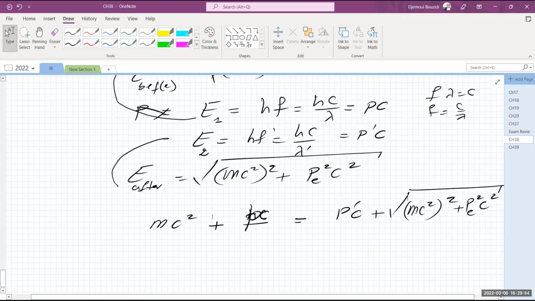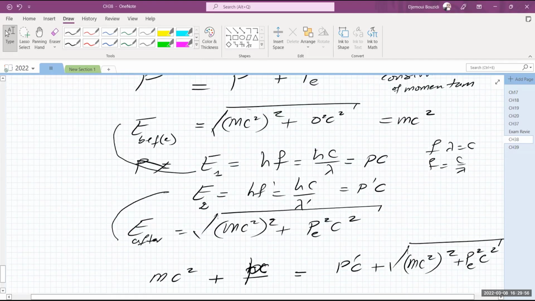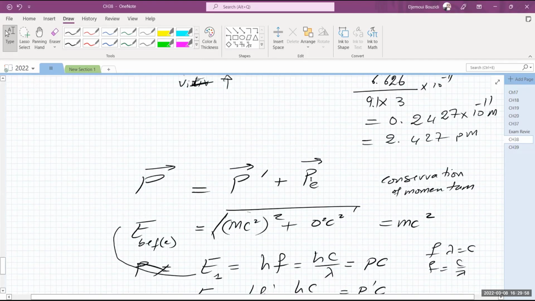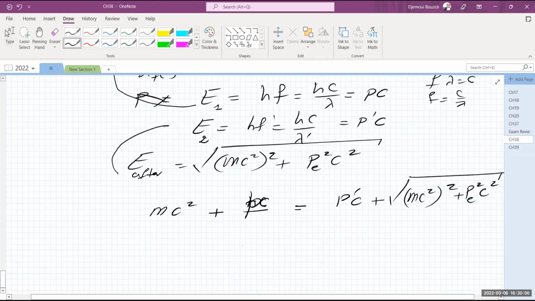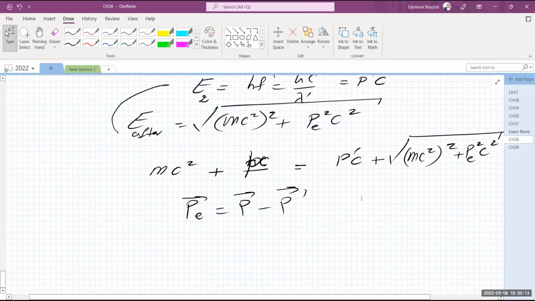So we're going to solve these equations because we have P_e from the first expression equals P minus P prime. And this expression involves, of course, P and P_e also in this expression. So I'm going to write the expression of the energy. By the way, this is how you deal with the energy most of the time in relativity. So I'm going to leave the square root by itself.